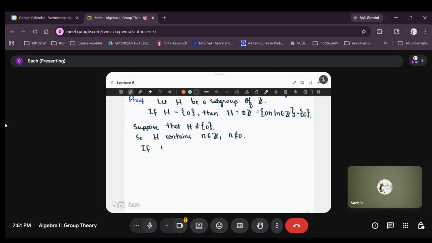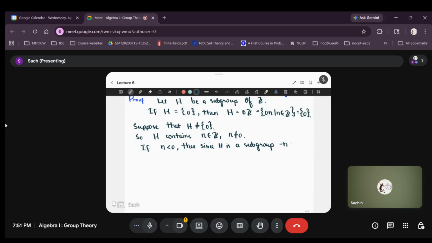If n is less than 0, then since H is a subgroup, its additive inverse also belongs in the subgroup.